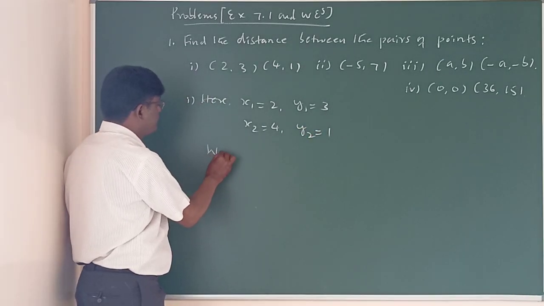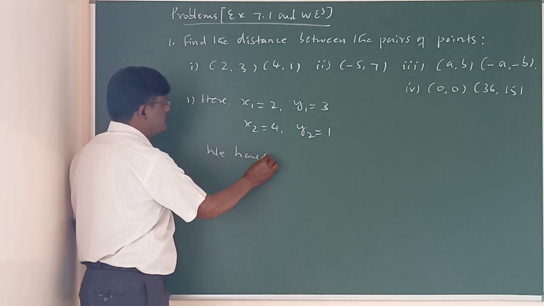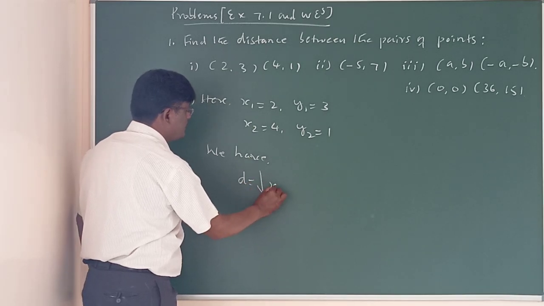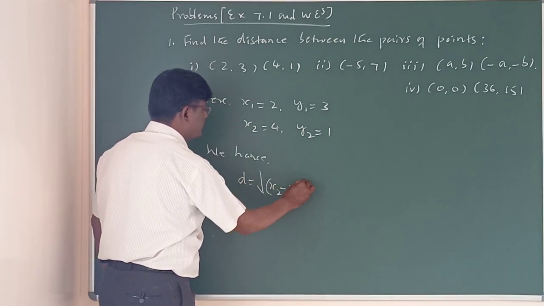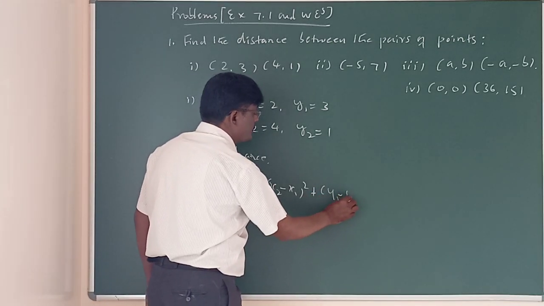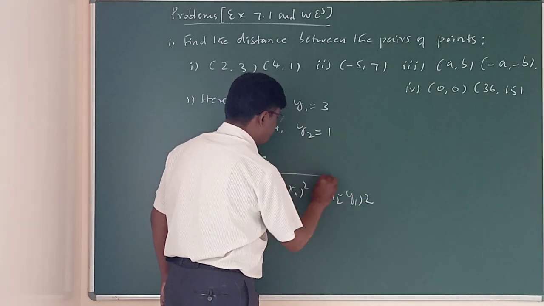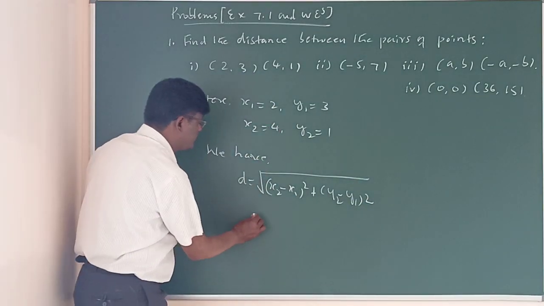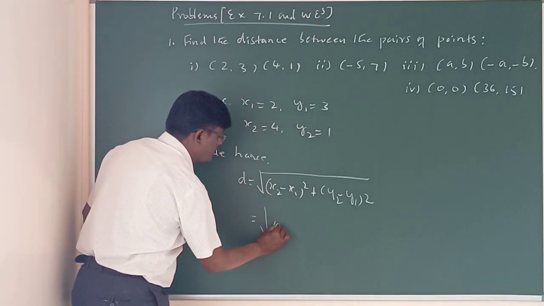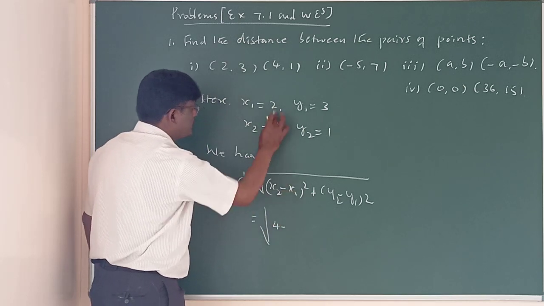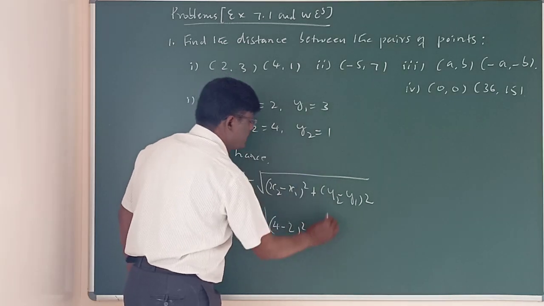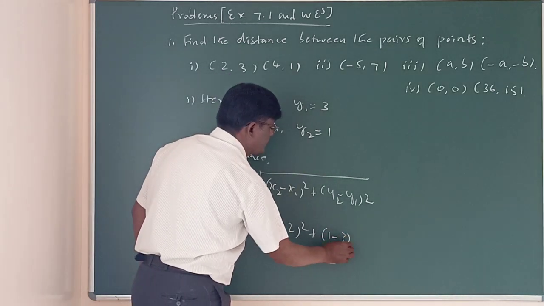We know that D equals the distance formula, square root of (x2 minus x1) whole square plus (y2 minus y1) whole square. Let us substitute the values: (4 minus 2) whole square plus (1 minus 3) whole square.